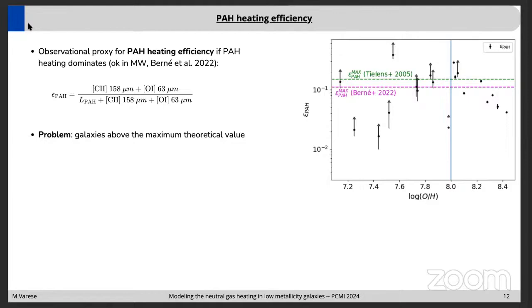When you apply it to the DGS galaxies, you find that in some galaxies we have a value for this epsilon PAH that is higher than the maximum theoretical value that was predicted by Tielens et al. This can seem to be a problem, but actually it's not, because the C2 plus O1 luminosity accounts for all the heating and not only the dust heating.